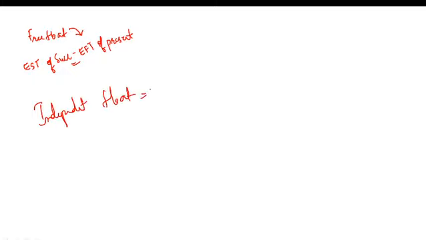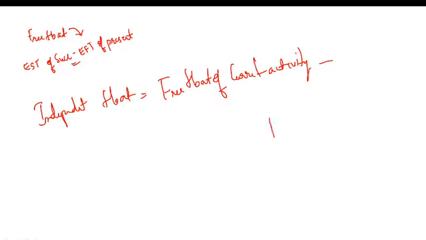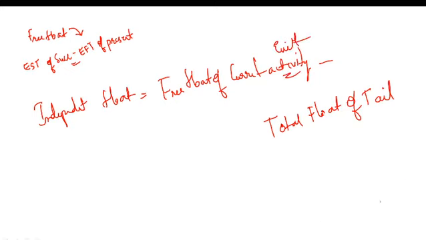Independent float is equal to free float of current activity minus total float of tail activity. Current activity, or current event, minus total float of tail event.